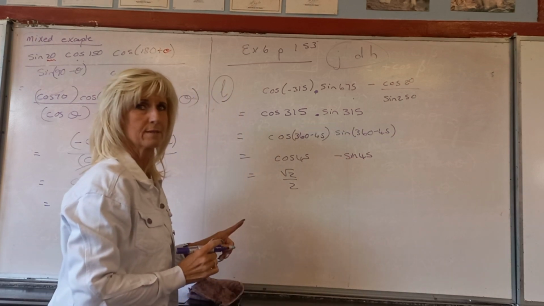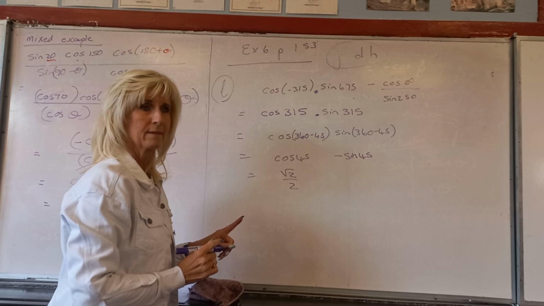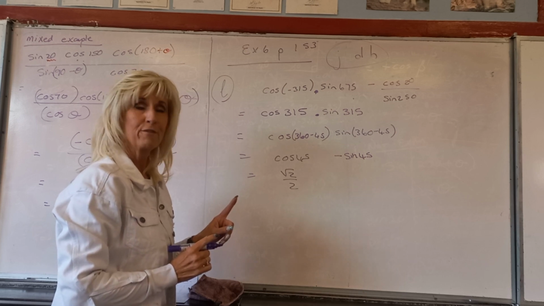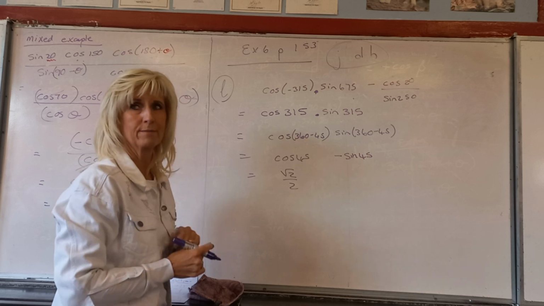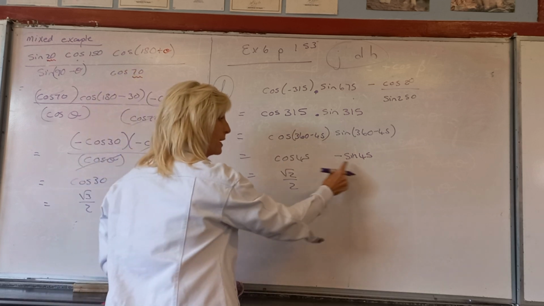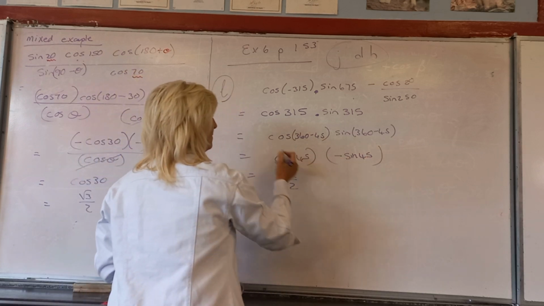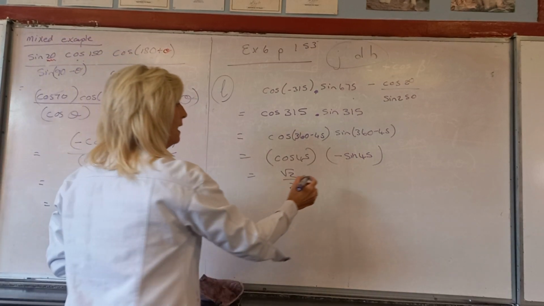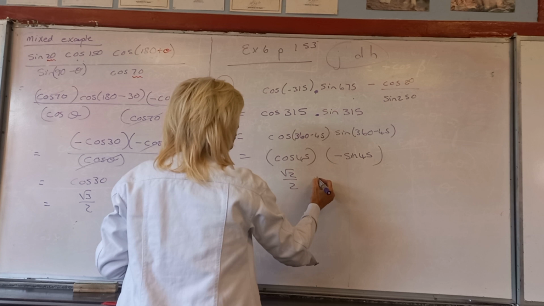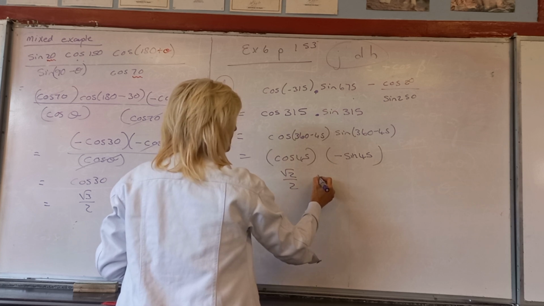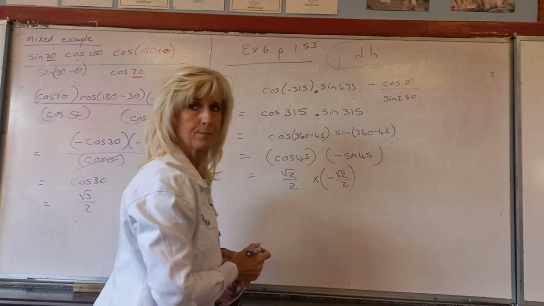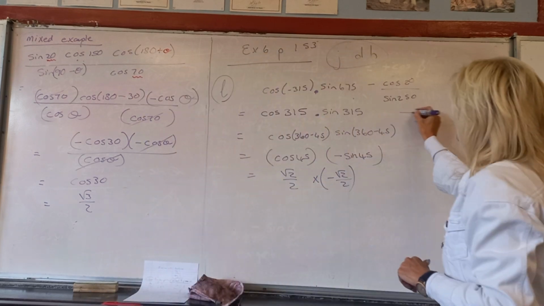What's wrong with this? If you don't put it in a bracket, this is wrong, because now you're subtracting. Are you with me, guys? Yes, ma'am. And then we're going to have sin 45 there as well, with a negative. So it's going to be minus root 2 over 2. Okay? Rest of the sum.